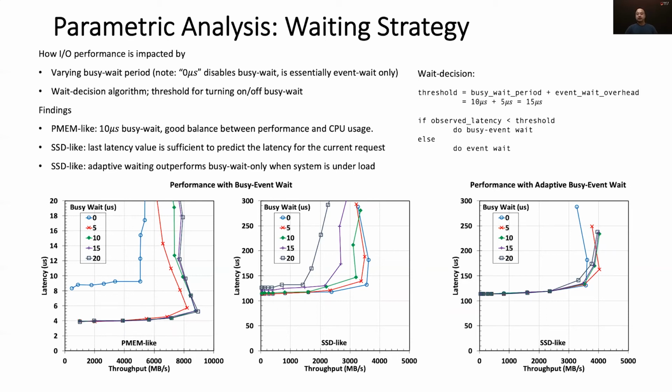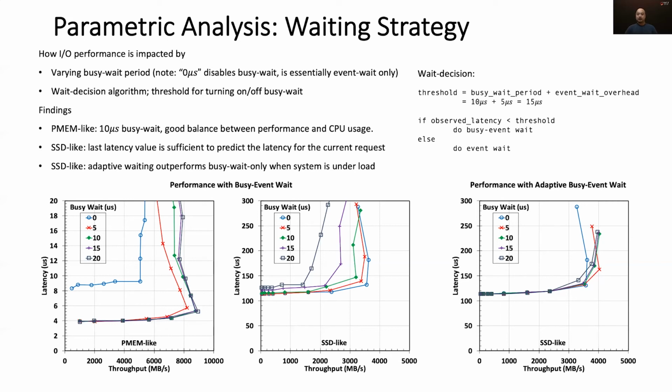We gather the latency and throughput data on different storage types, bid wait periods, and other parameters. Our data show that the adaptive waiting scheme works well for both PMEM and SSD-like storages. The figure at the bottom right shows that for SSD-like slow storages, IO latency becomes insensitive to the bid wait period.